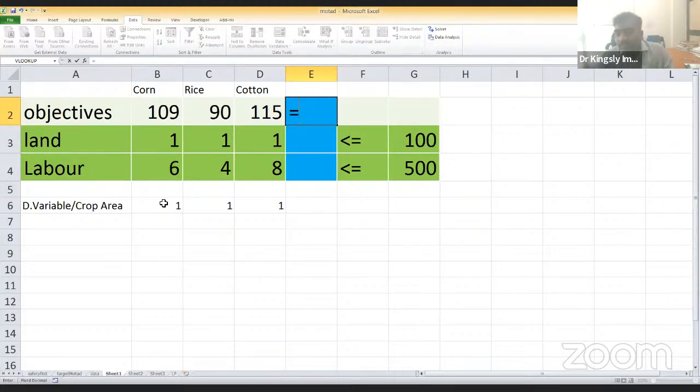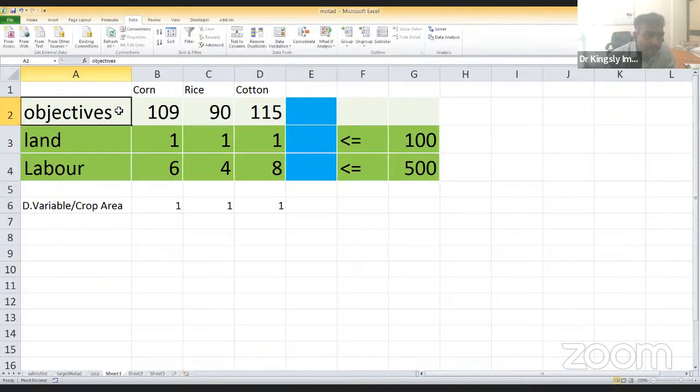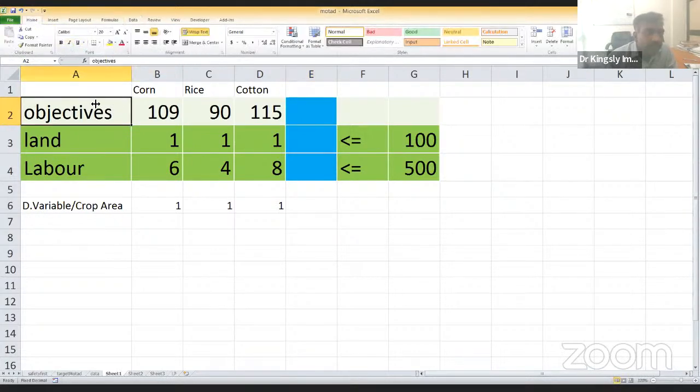So what I need to do is area under the crop multiplied by net revenue, right? Maybe I just write it here. Okay, objective value done.